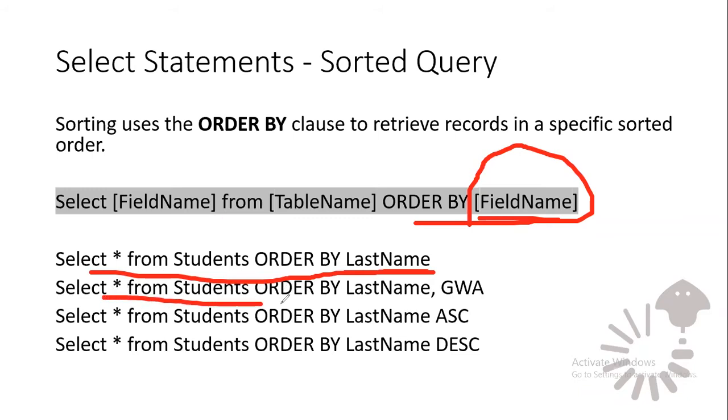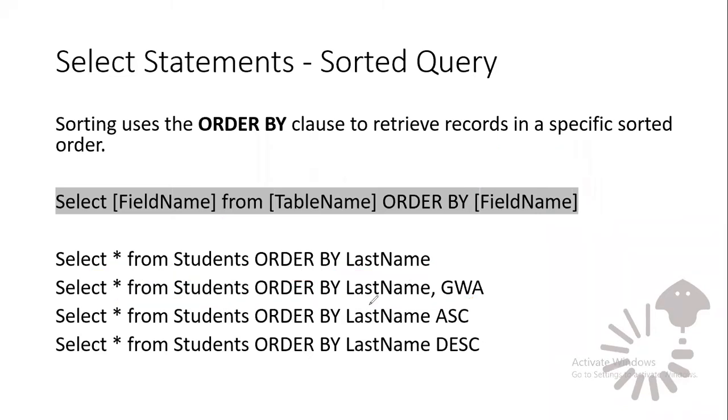Select all from students order by last name, GWA. Pwedeng multiple. Again, you can just use comma if you have multiple listing. Ibig sabihin nito, kapag meron magka-apelido, halimbawa, Humilde, ano ba susunod kong criteria? Sino yung unahin ko sa Humilde? Hindi yung first name yung titingnan ko.